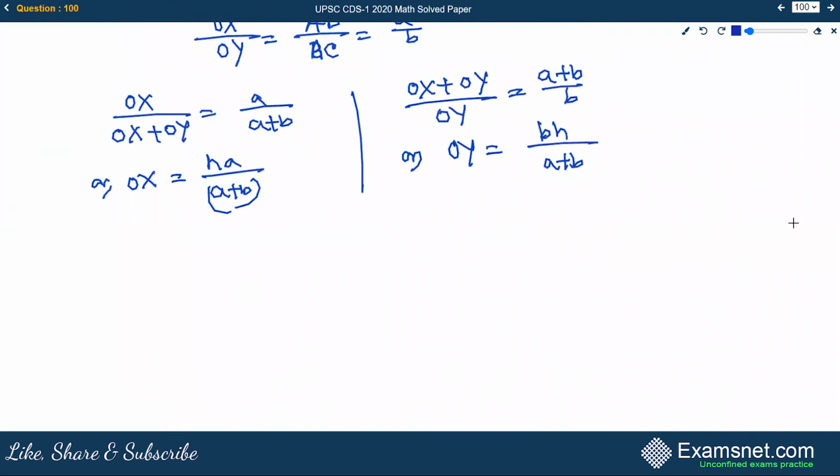We know how to find the area of a triangle, that is half into base into height.